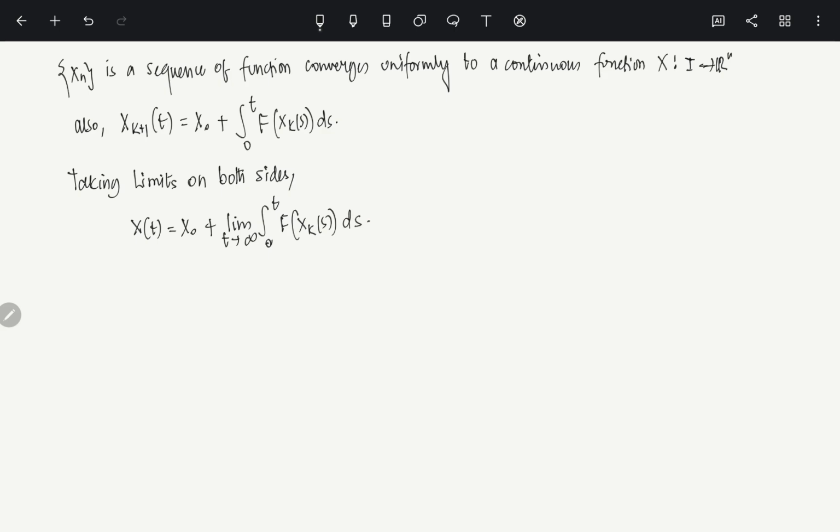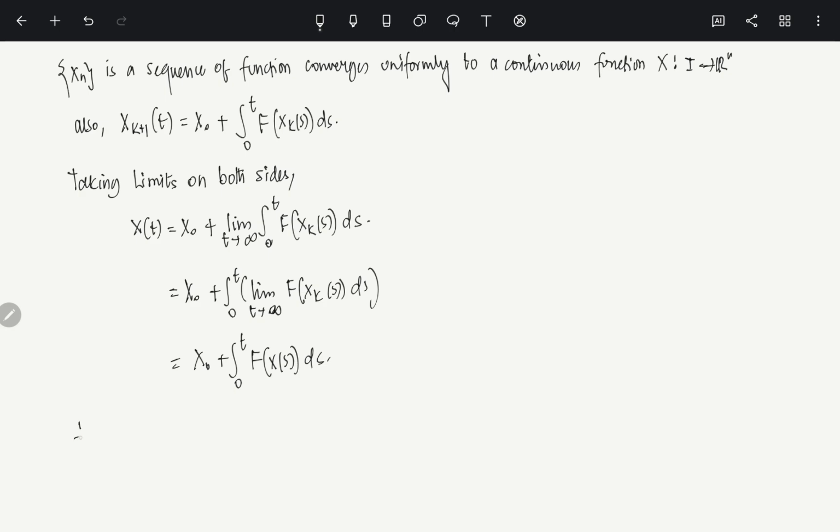Clear? Yes, I can take the limit inside because of the uniform convergence, and then I have x naught plus the integral from 0 to t of the limit of f of x_k(s) ds, right? Now see, f is a continuous function, it is continuously differentiable, so I can take the limit inside. So I can say this is the integral from 0 to t of f of x(s) ds. Clear?